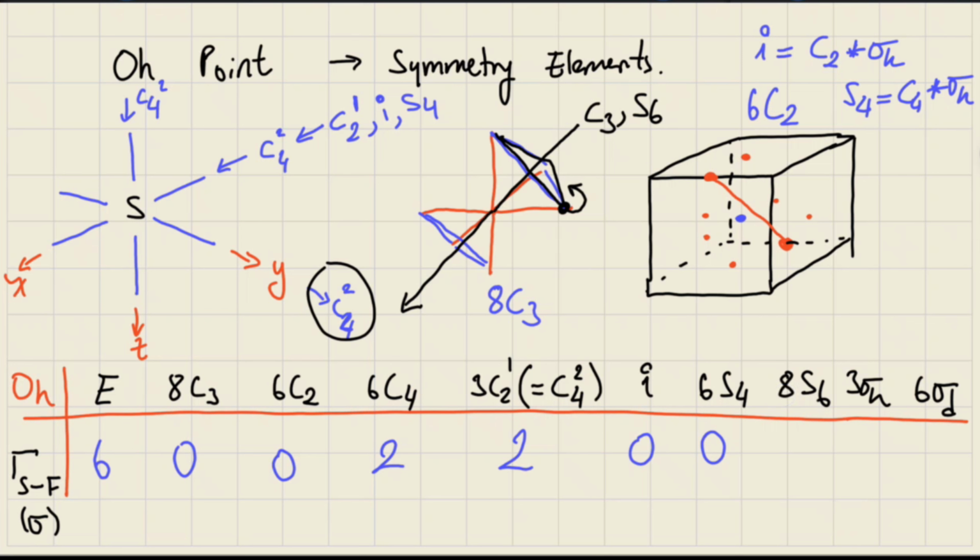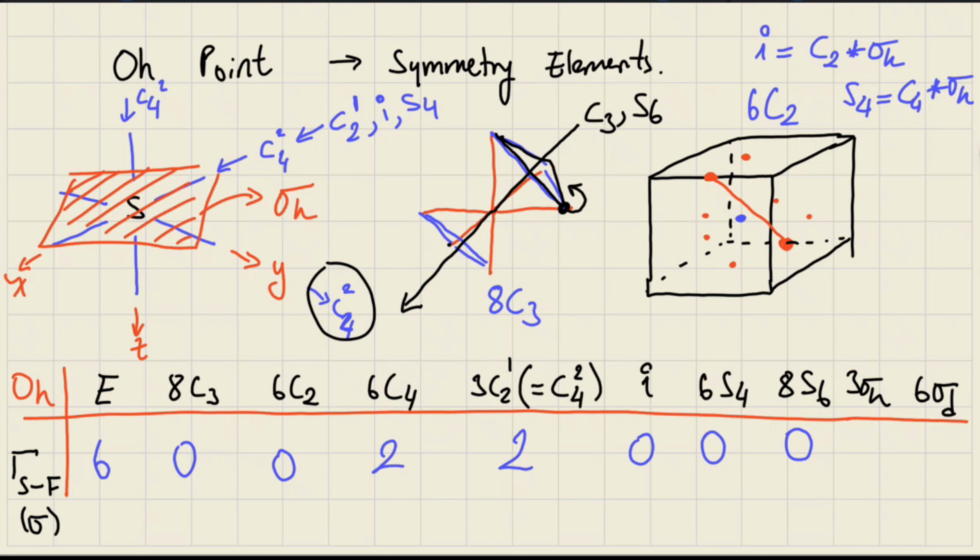And if we apply the sigma h, it will come here, and this is the S6 operation. Of course, after the application of this, the representation should be 0. Sigma h contains the four bonds, so this is simply sigma h, right?